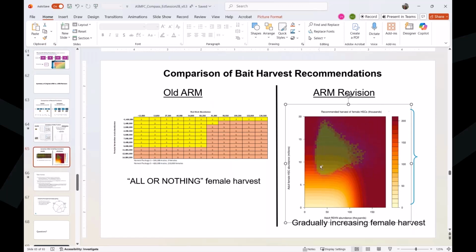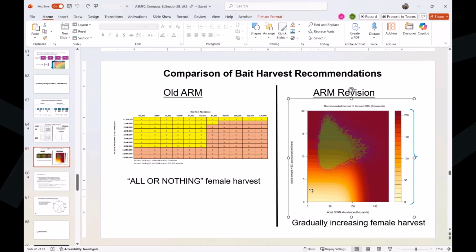And as I said before, the shape of the harvest policy function within the green blob is really where it's most important.